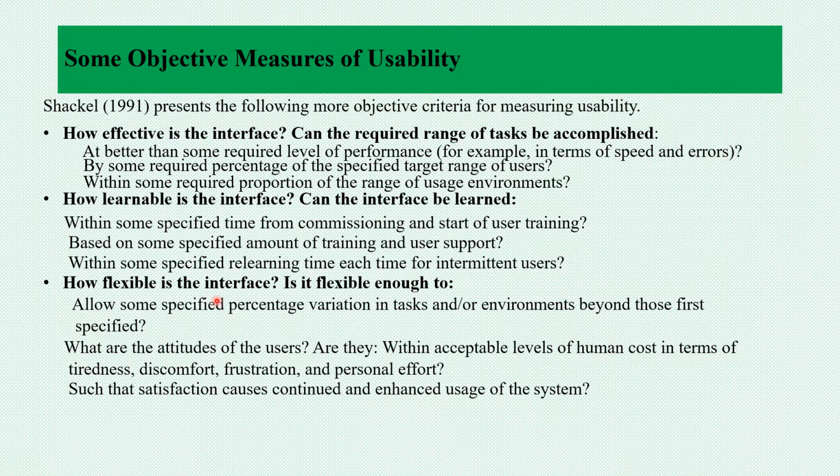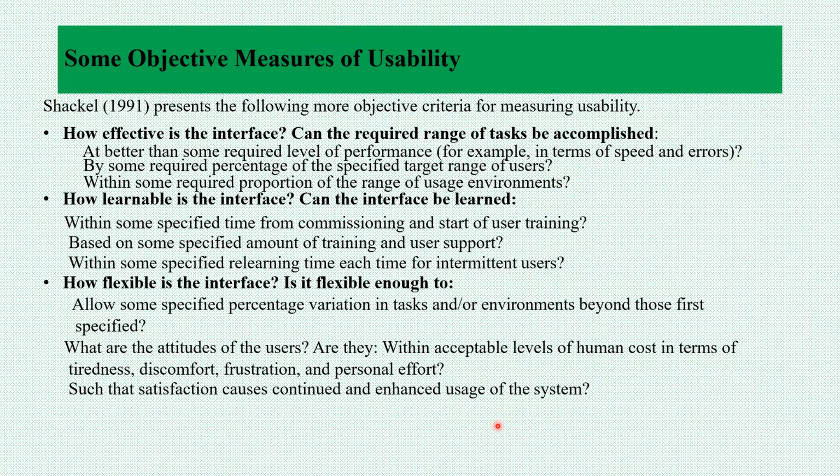Next, how flexible is the interface? Is it flexible enough to allow some specified percentage variation in task or environment beyond those specified? It means the interface should be more flexible. So whether it is flexible or not, what are the attitudes of the users? Are they within acceptable levels of human cost in terms of tiredness, discomfort, frustration, and personal effort, such that satisfaction causes continued and enhanced usage of the system?